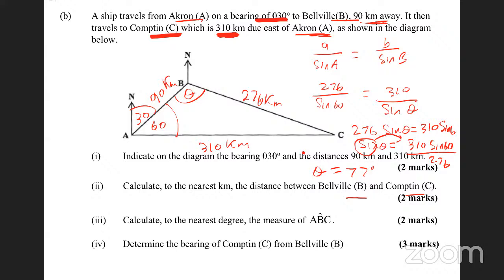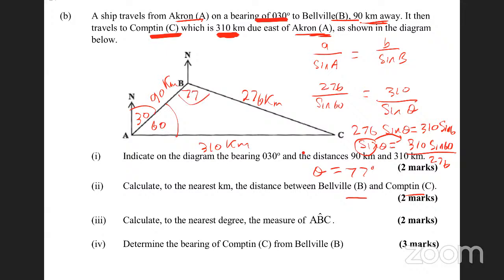Is there an angle opposite to 90? That's why. There's no angle opposite to 90. Okay, so we got 77.